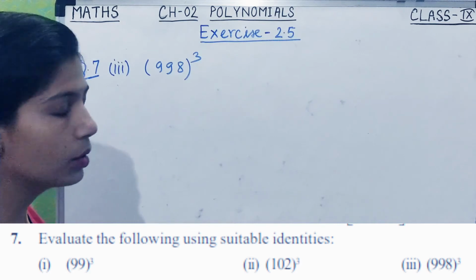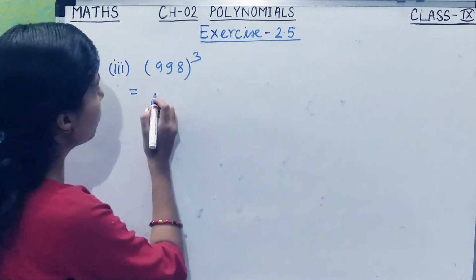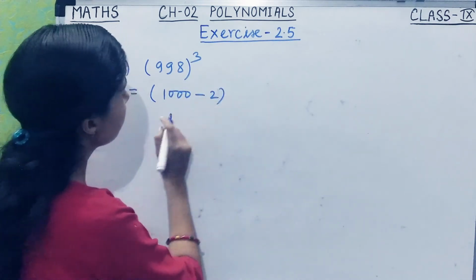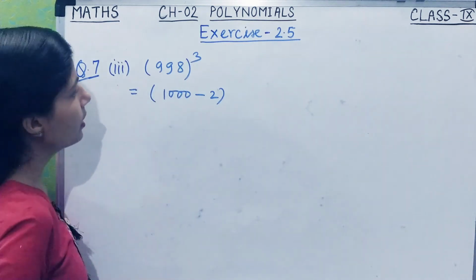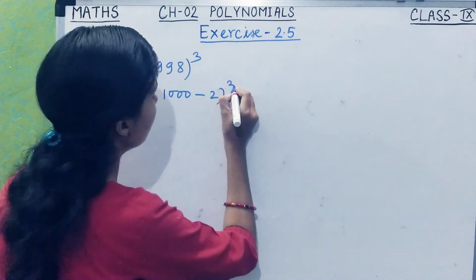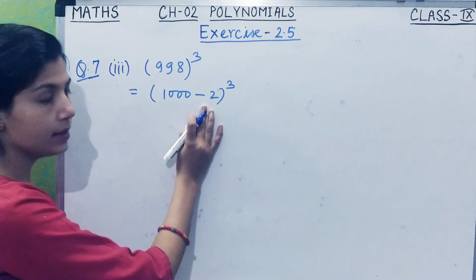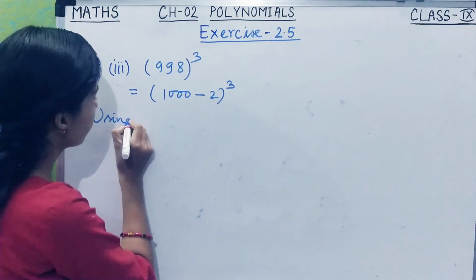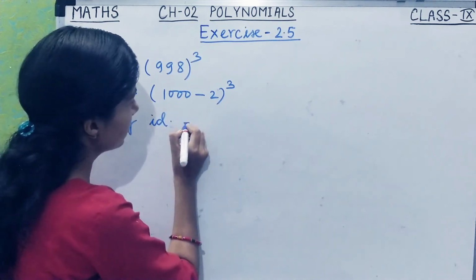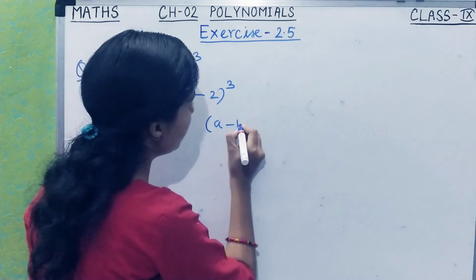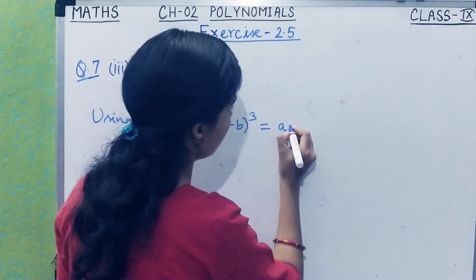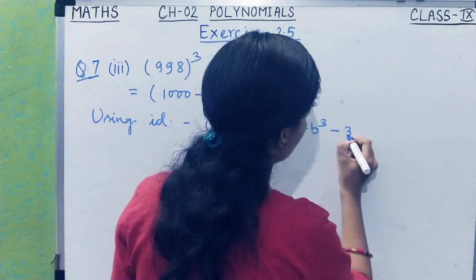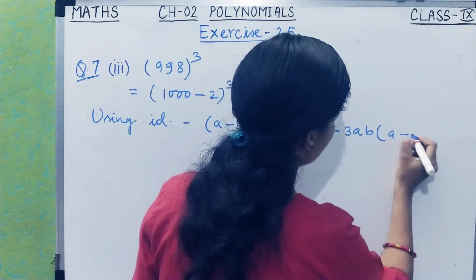Okay, now third part is 999 whole cube. First we have to make it a binomial, so we can write it as 1000 minus 2. 1000 minus 2 will give 998, whole cube. So that is in the identity number 7 form. So using the identity, a minus b whole cube is a cube minus b cube minus 3ab into a minus b.